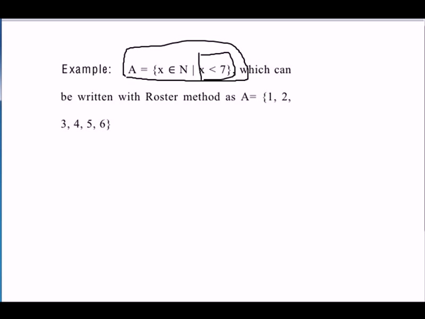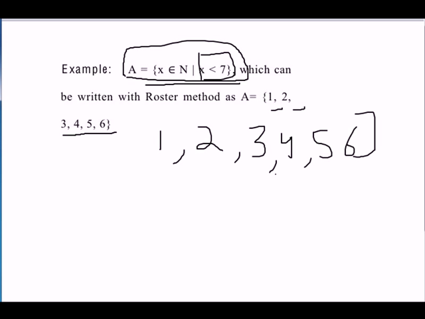So the set A consists of 1, 2, 3, 4, 5 and 6, because when you actually find the value of x given these conditions, you find that natural numbers should start with 1, and then x is less than 7, so it can be 1, 2, 3, 4, 5 and 6, and so set A is represented by these numbers.